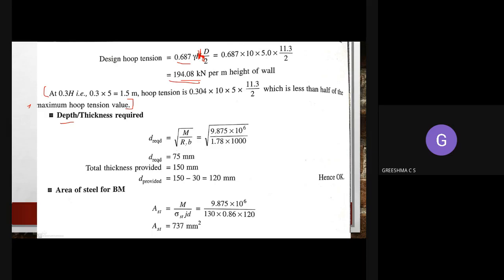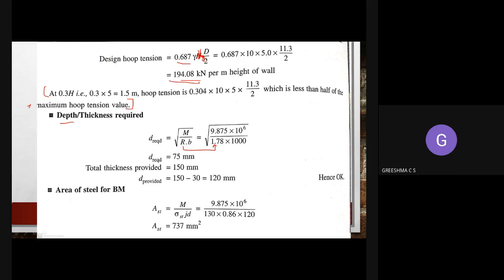M is the moment, and R is a constant that you get corresponding to the FCK and Fe415. For M30 grade and Fe415, the R value is 1.78.